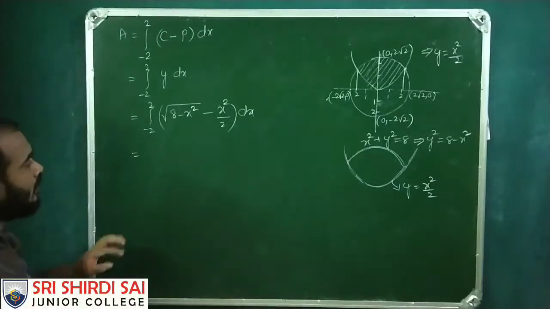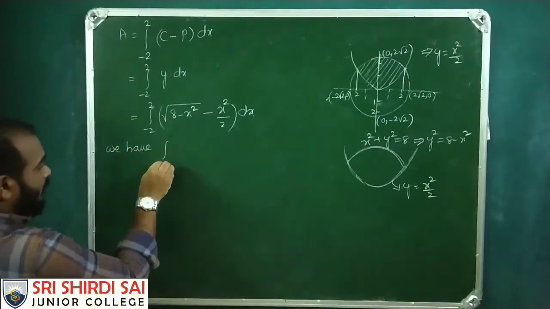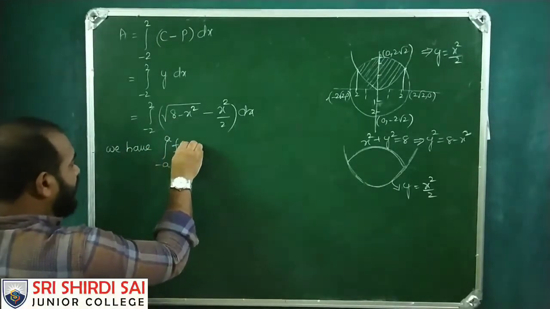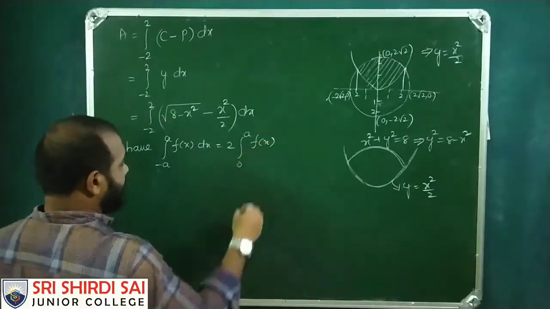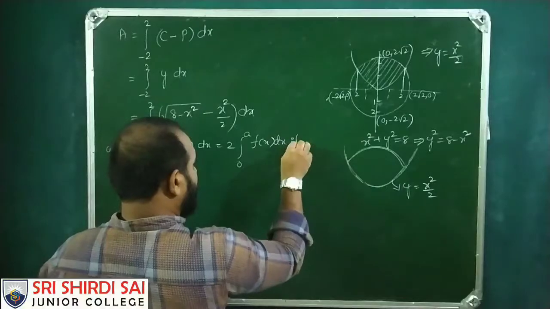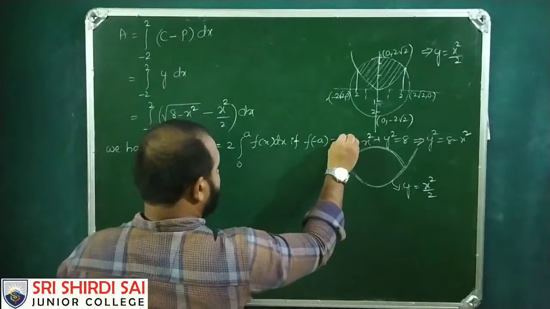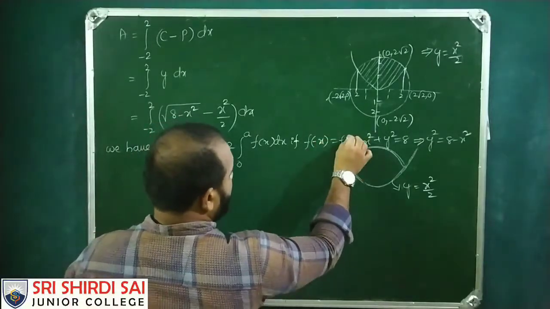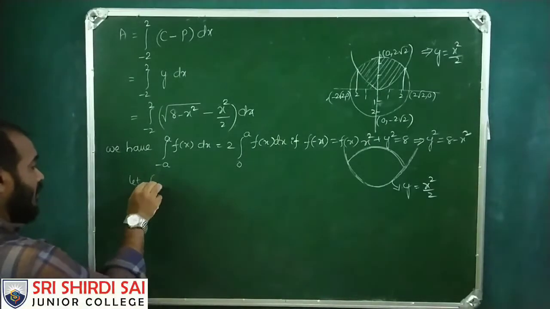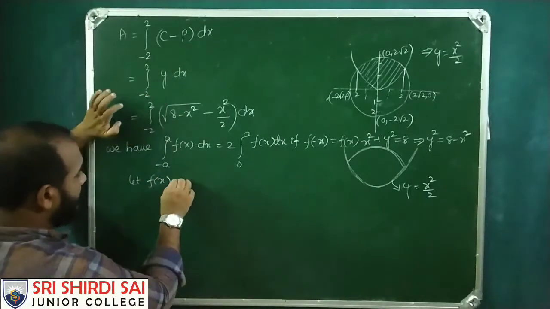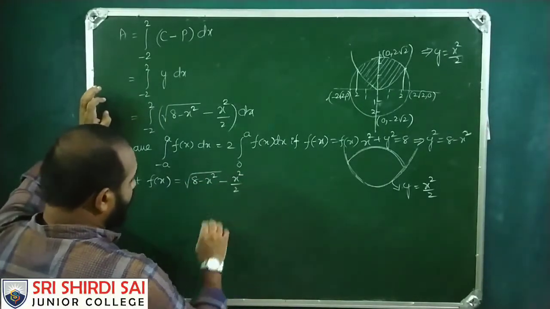We have a property that the integral from minus a to a of f of x dx is equal to 2 times the integral from 0 to a of f of x dx, if f of minus x equals f of x. So let f of x be the square root of 8 minus x square minus x square by 2.